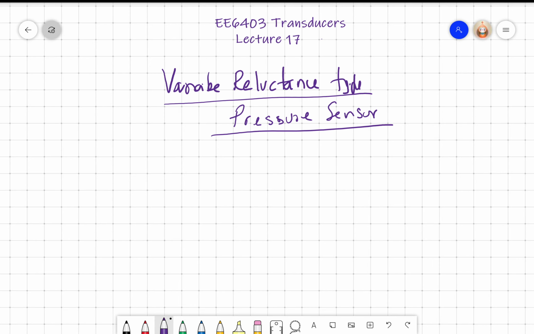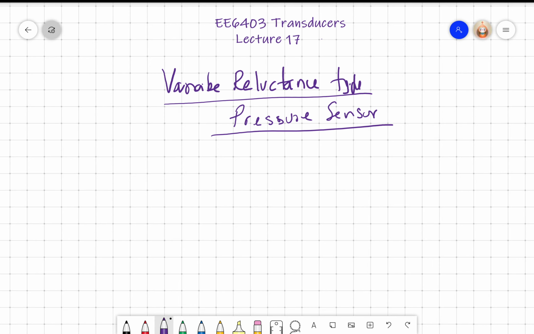Tens of thousands of rupees, and if you really want certain tight specifications, it may go even to 1 lakh rupees per variable reluctance type pressure sensor. Right? You can Google search and find it yourself.